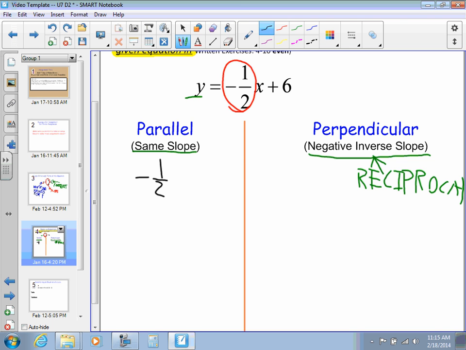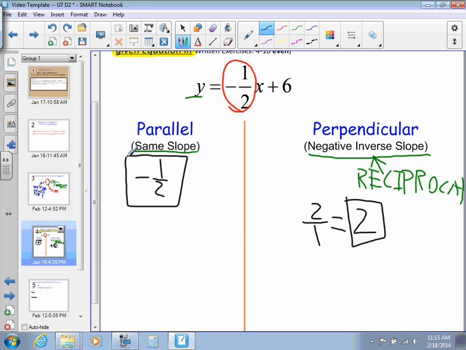We want the negative, so we're going to change it to positive. And then the reciprocal of 1/2 is 2 over 1, which we can write more simply just as 2. So the slope of the line that's perpendicular is 2. The slope of the line that's parallel is negative 1/2.